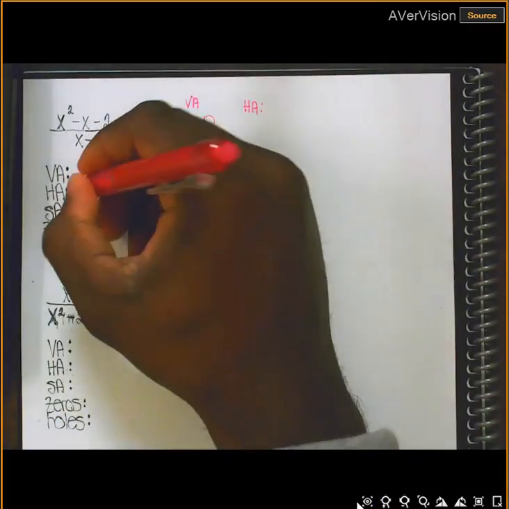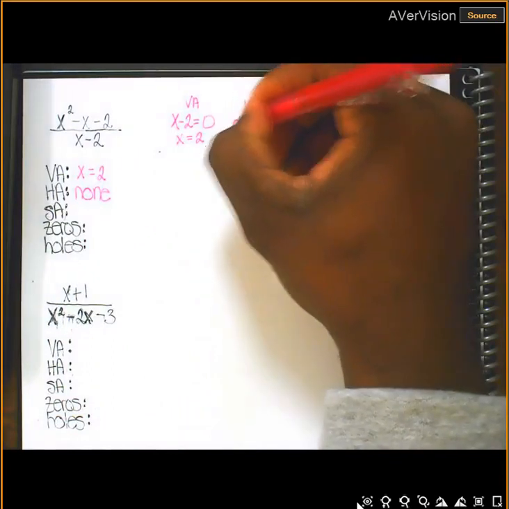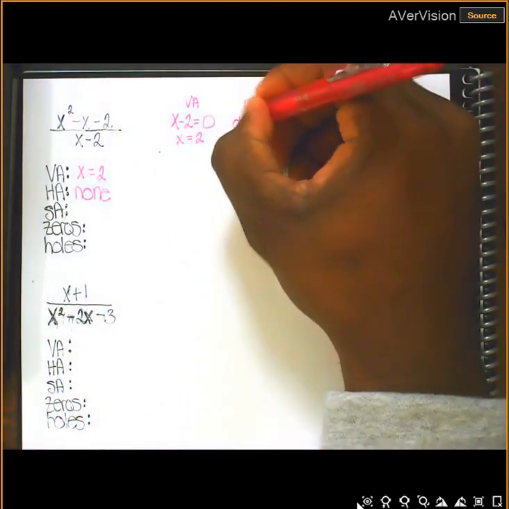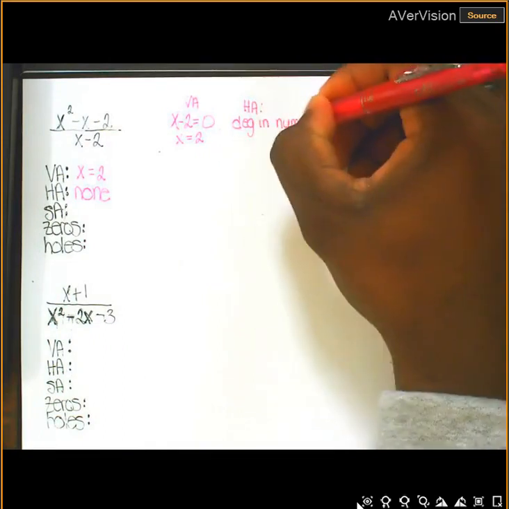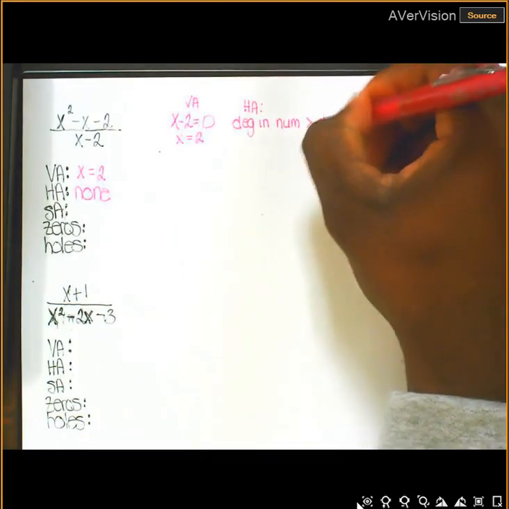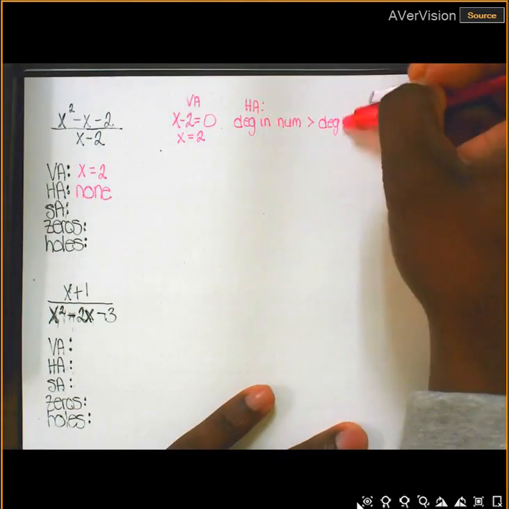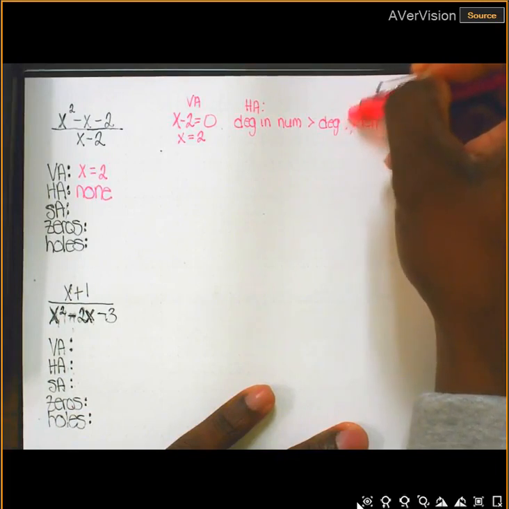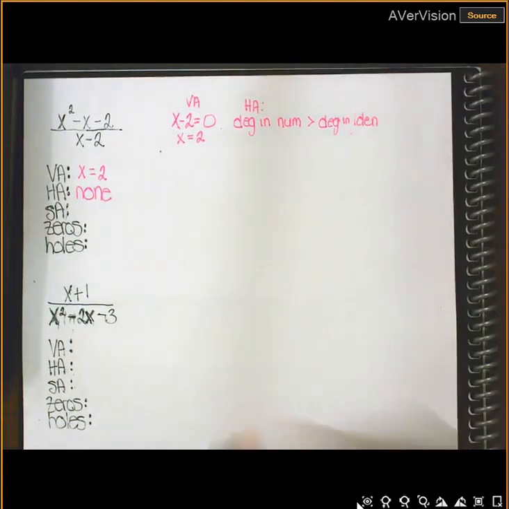There is none, right? The degree in the numerator is higher than the degree in the denominator, so there is none. Exactly.